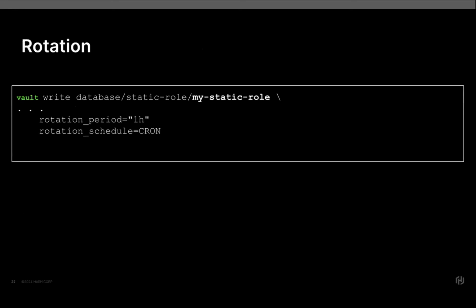And then the rotation: when you are setting the static roles, you can say, hey, I want this password to be rotated, for example, every hour. Or you can say, hey, I want this password to be rotated on a schedule using cron, like Sunday, every whatever, right?